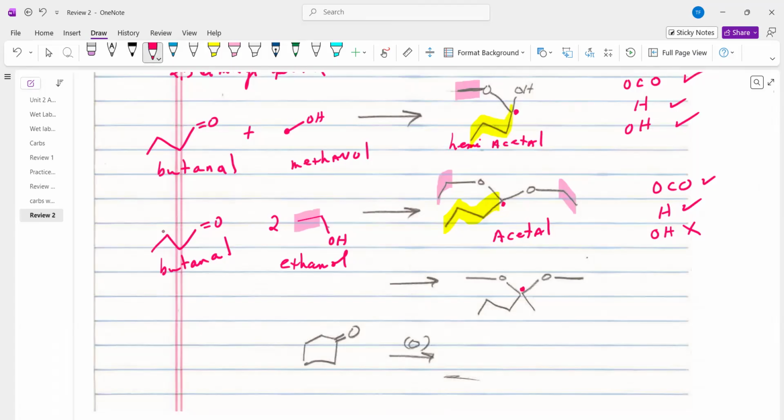Okay, OCO again. We have no H's or OH's, so this is a ketal. Primary backbone is this guy.